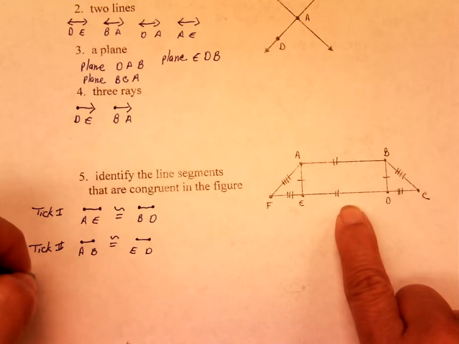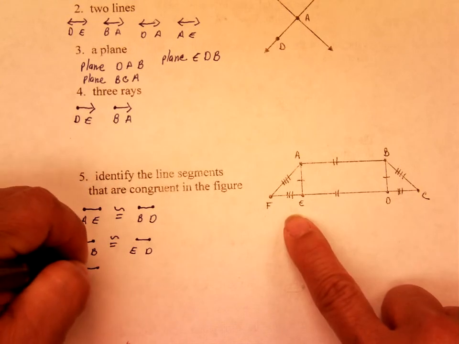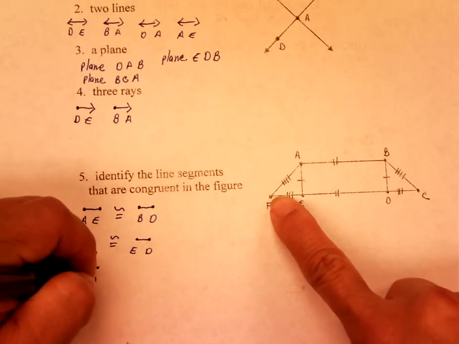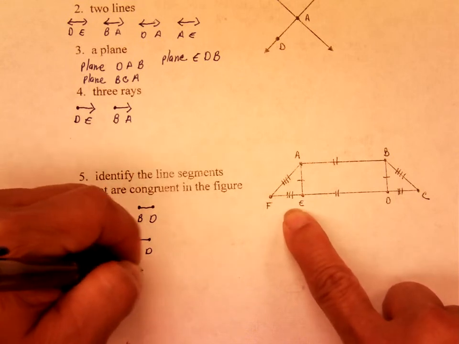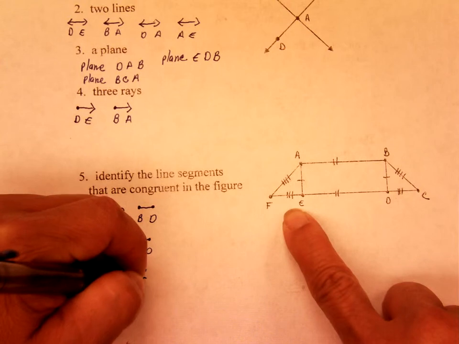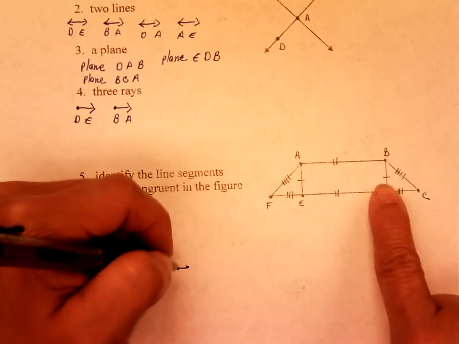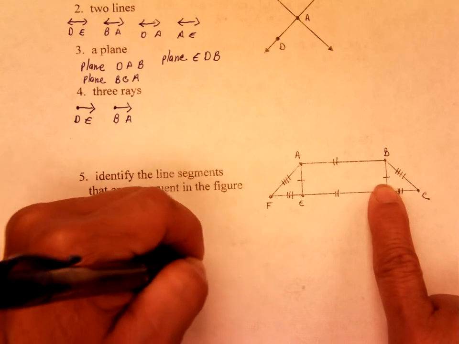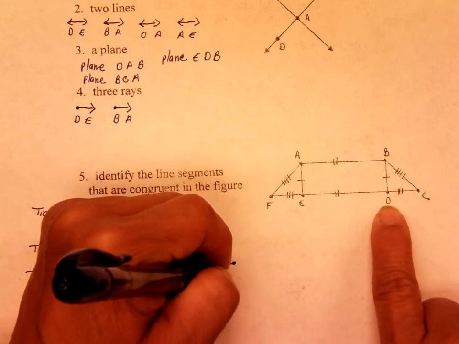Now let's look at 3 tick marks. You have line segment AF is congruent to line segment FE is congruent to line segment BC is congruent to line segment DC.